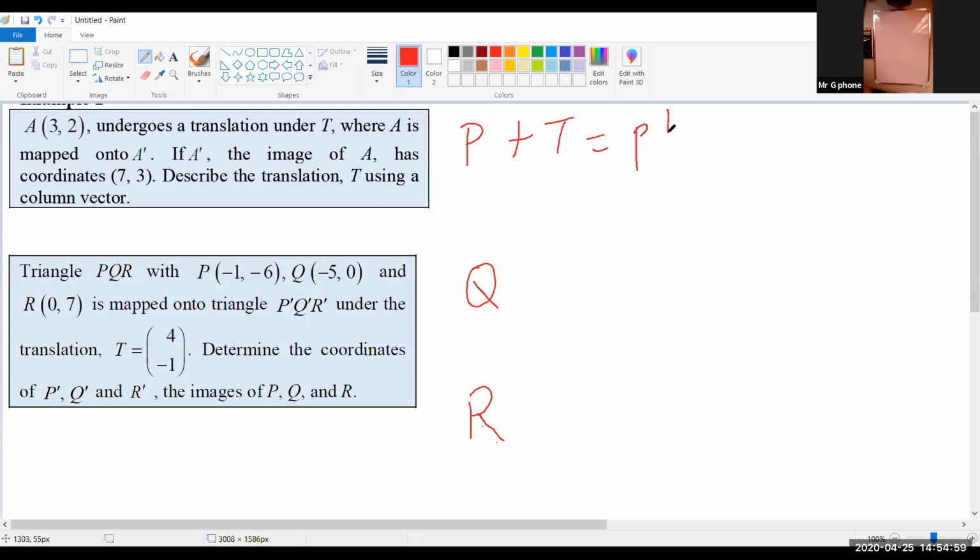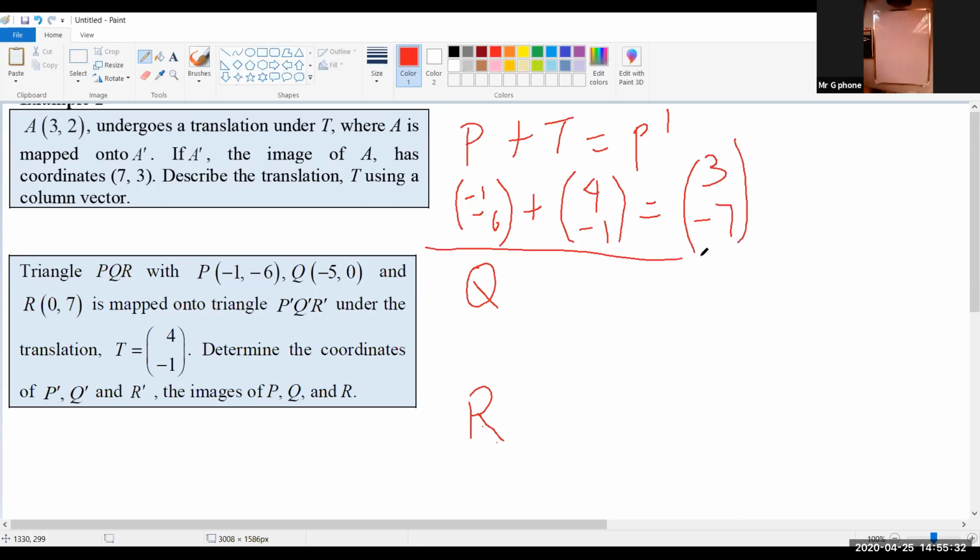So P, which is (-1, -6), plus (4, -1), because that is the translation vector. So -1 plus 4 is +3, sorry. And -6, a plus and a minus, so -6 minus 3 is -7. So that was for P.